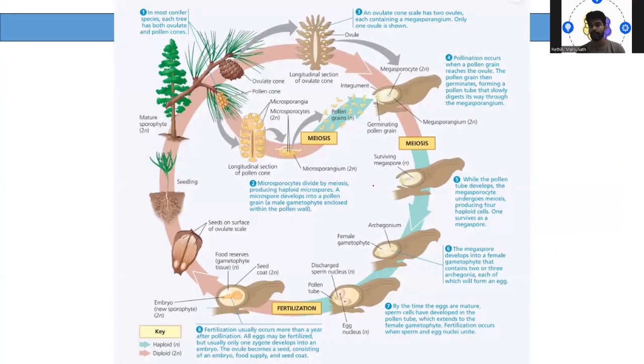So what about the reproduction then? Like how the life cycle process happens, these things that you need to know. See, gymnosperms, we know that they are heterosporous. We know it. Therefore, they normally produce two types of spores. One is microspores and the other one is megaspores.